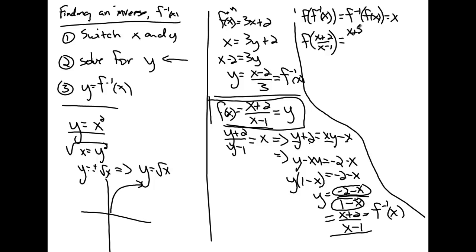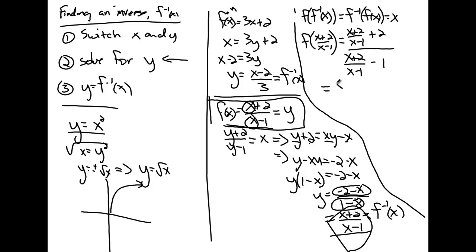I'll get x plus 2 over x minus 1 plus 2 over x plus 2 over x minus 1 minus 1. All I did, wherever I saw an x, I stuck this guy right here. All right? Now let's see what happens.